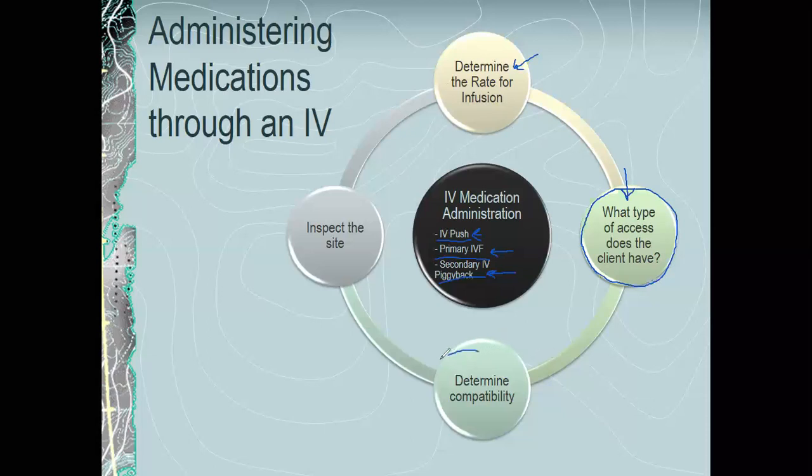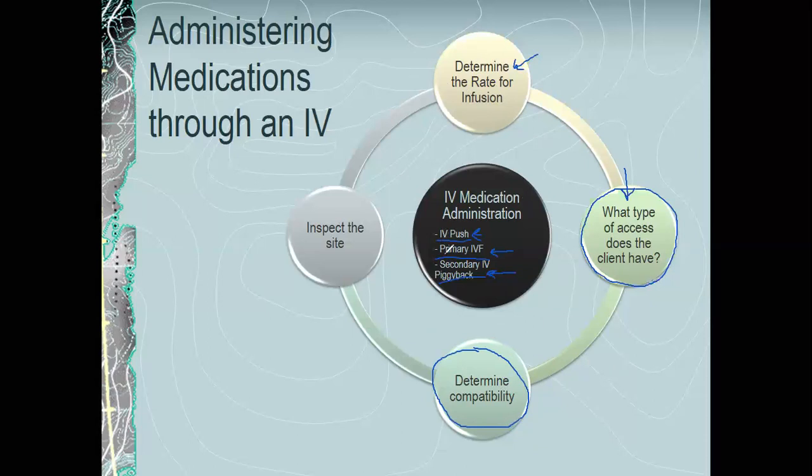The next thing is to determine the compatibility. Compatibility is whether the two medications can run together, or whether you can give whatever secondary piggyback medication you're giving with your primary IV fluid.